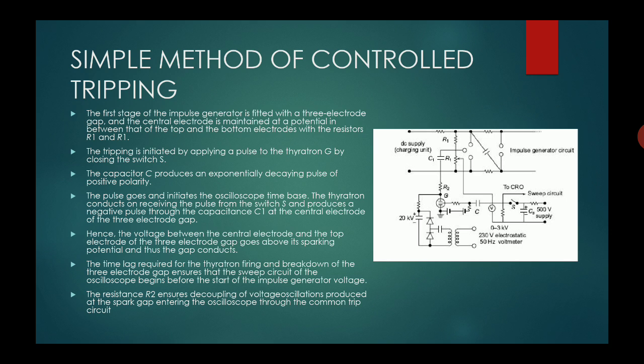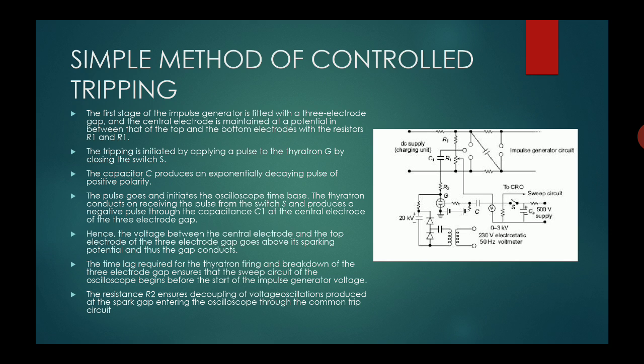The time lag required for the thyratron firing and breakdown of the 3 electrode gap ensures that the sweep circuit of the oscilloscope begins before the start of the impulse generator voltage. So, you have to take care of the thyratron time lag also.